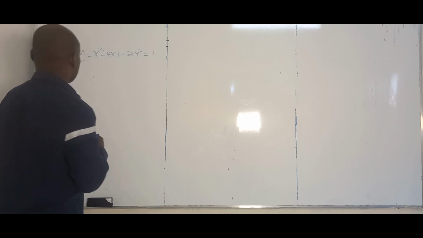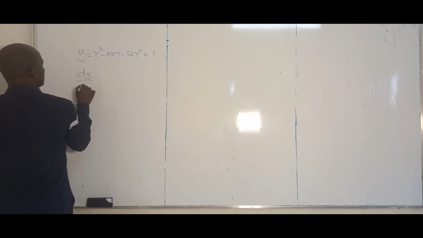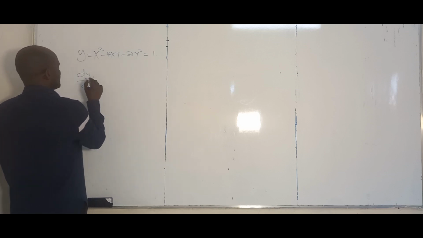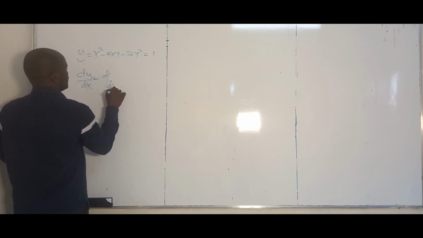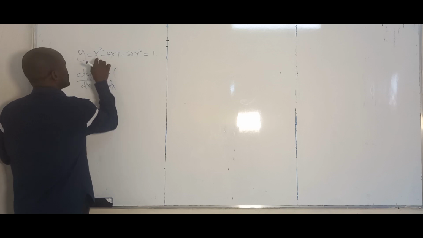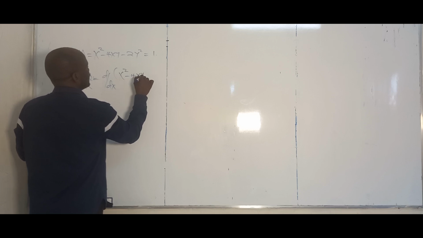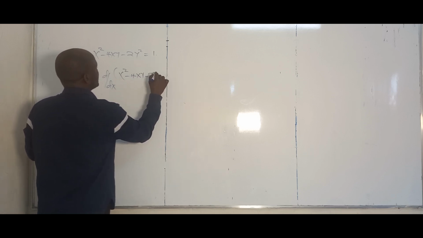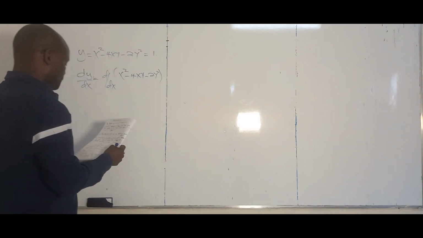So we are going to have d/dx of x squared minus 4xy minus 2y squared.